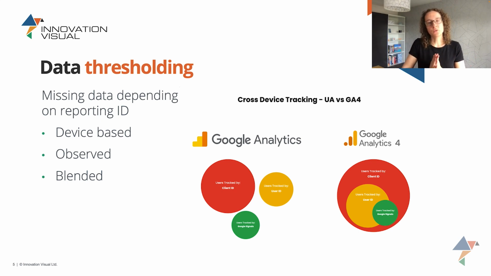So the first one is device-based reporting. So this means it's only based on one device, so you're not going to report between cross-device. And so each device or each browser is going to be seen as one user.